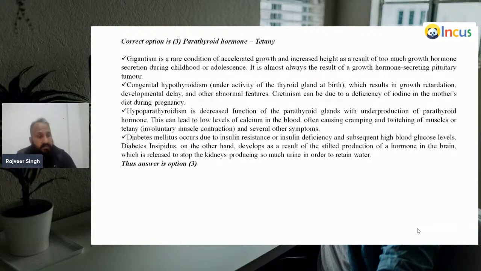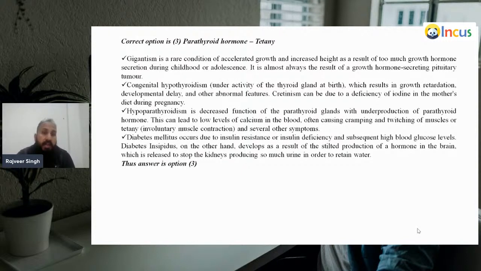Then, congenital hypothyroidism means underactivity of the thyroid gland at birth, which results in growth retardation, developmental delay, and other abnormal features. Here, cretinism can be due to a deficiency of iodine in the mother's diet during pregnancy.